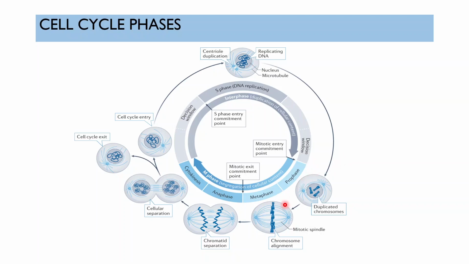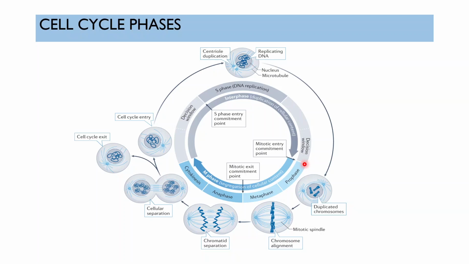So these phases in turn are divided into several sub phases. Like the interphase is divided into the G1 phase, the S phase, and the G2 phase. And the M phase is further divided into four phases: the prophase, the metaphase, the anaphase, and the telophase, and the cytokinesis. So before a cell enters the cell division cycle, that is the mitotic phase or the M phase, it prepares itself for division.